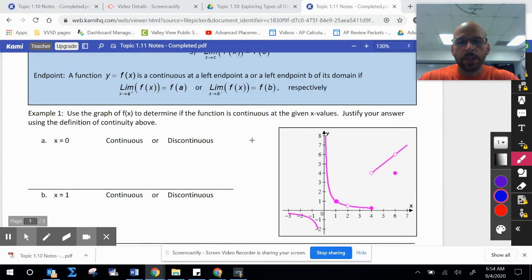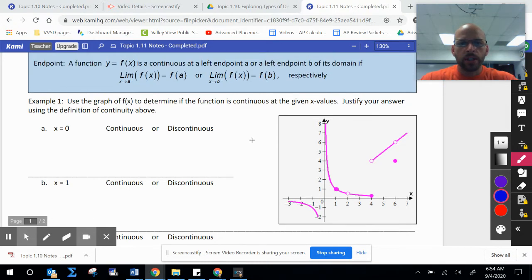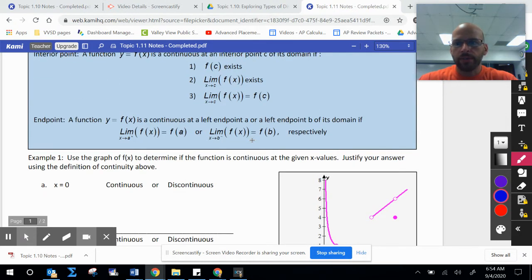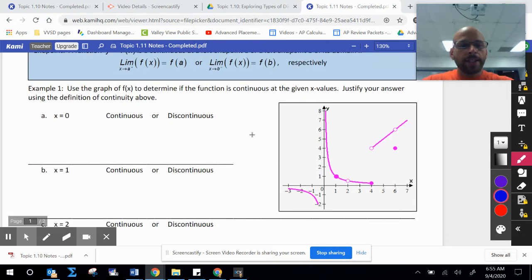So let's take a look at some examples in a graph. I want to know whether or not it's continuous or discontinuous, right? And then I want to use the checklist, if you will, the three different pieces of my definition, to justify why it's continuous or discontinuous. So at 0, you can see that we have a vertical asymptote, all right?